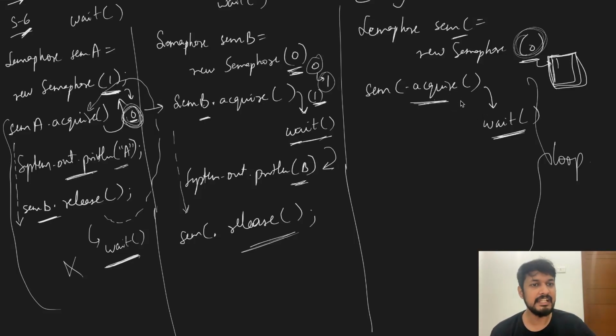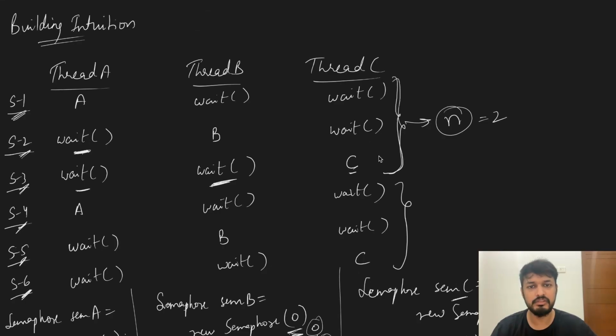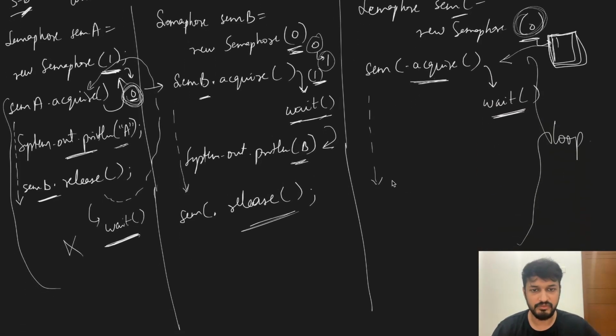The CPU sees that yes, we have a permit available, so it instructs thread C to acquire this particular permit and execute whatever statement is written after this, right? What do we want thread C to do? We want thread C to print the value C. So we'll go ahead and write System.out.println C.